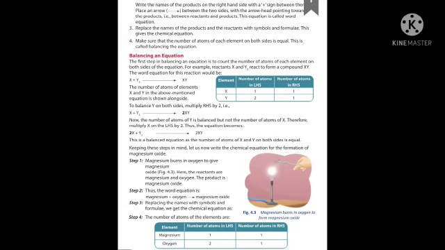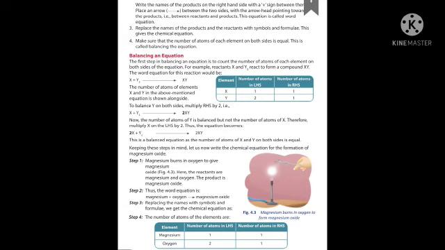To balance Y on both sides, multiply RHS by 2. That is, X plus Y2 gives 2XY. Now the number of atoms of Y is balanced but not the number of atoms of X. Therefore, multiply X on the LHS by 2. Thus, the equation becomes 2X plus Y2 gives 2XY.